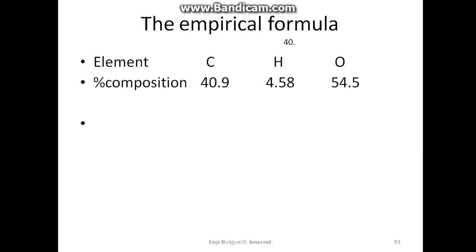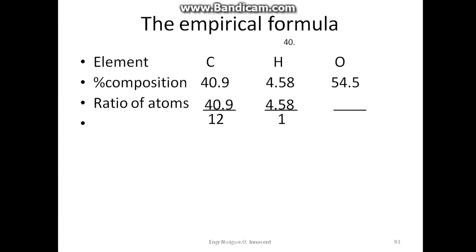The ratio of atoms, that is the percentage composition by mass divided by the relative atomic mass, is equal to the percentage composition of carbon, 40.9, divided by 12, and that of hydrogen, 4.58 over the relative atomic mass of hydrogen, which is 1, and that of oxygen, 54.5, divided by the relative atomic mass, which is 16.